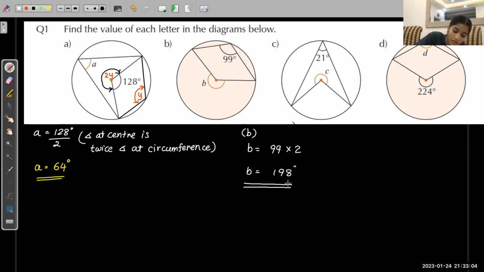So B equals 99 times 2, and that equals 198.